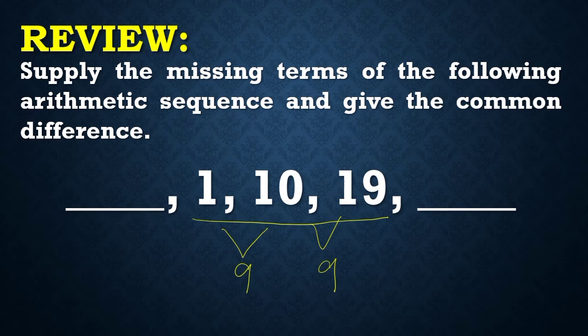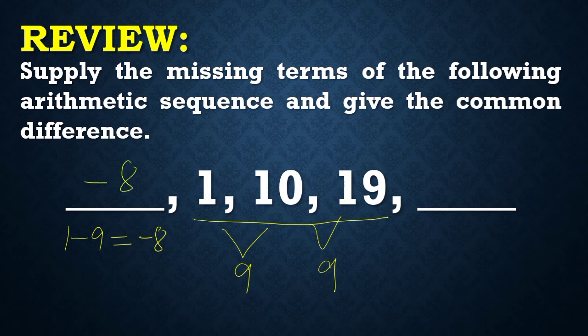So, and then, yung first term natin na 1, magsusubtract lang tayo ng 9 na magiging negative ang ating first term. Okay. So, 1 minus 9. So, sulat natin dito, 1 minus 9. That is negative 8. So, our first term is negative 8.